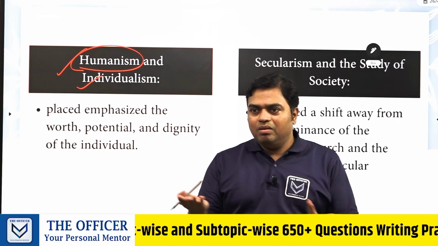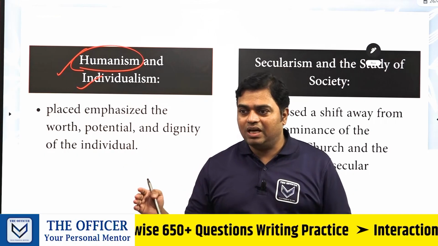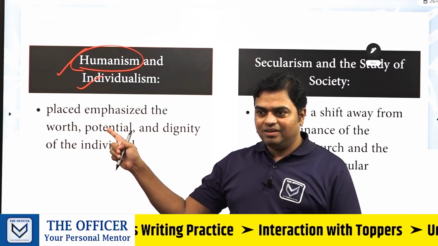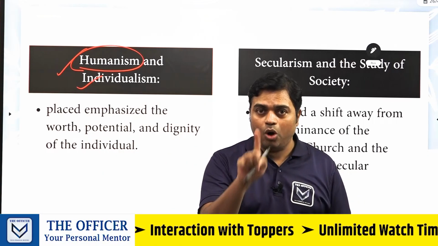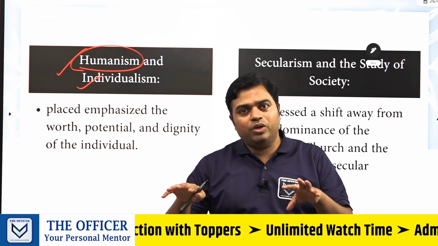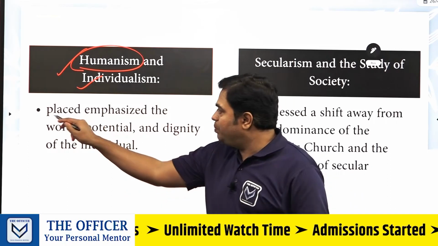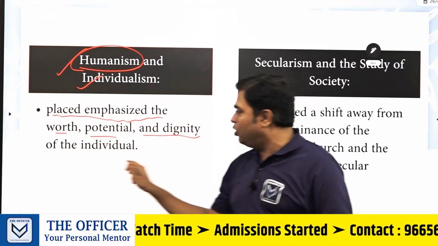Just for example, Mona Lisa was a human. Because of the painting of Mona Lisa, human became the subject for painting. Right? Because of all the scientific discoveries, human became the center point of all the new discovery, all the new invention. So humanism emphasized the worth, potential, and dignity of the individual.